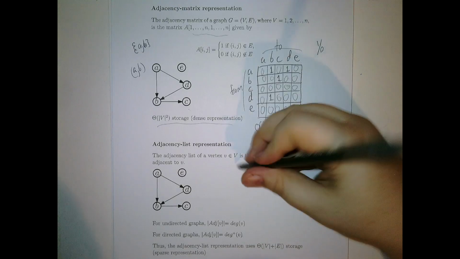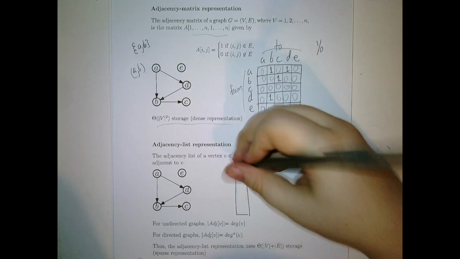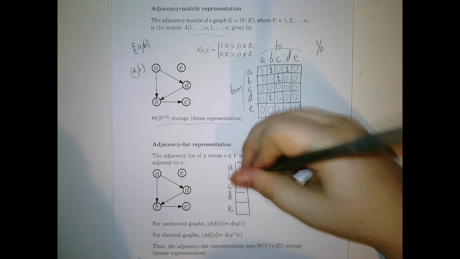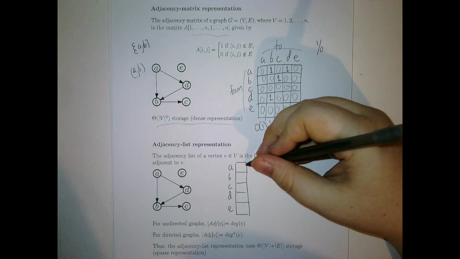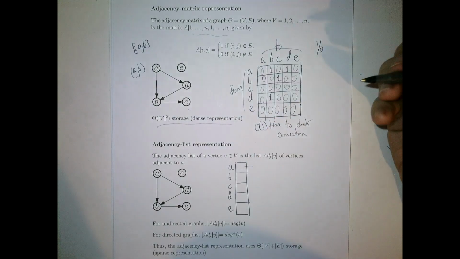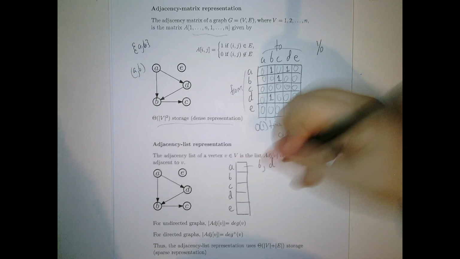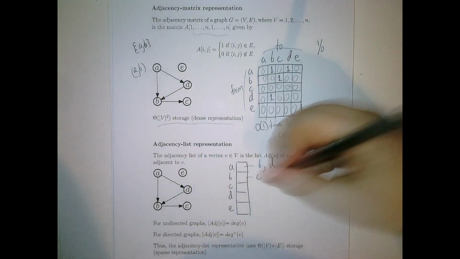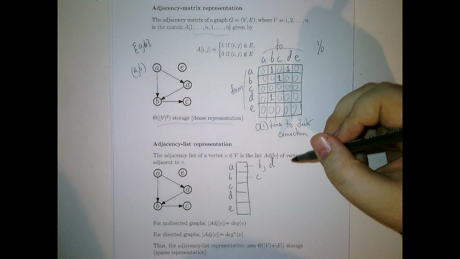Well, as the name implies, it's a list, instead of a matrix, it's a list of connections associated with each vertex. So for each vertex, we're just going to keep a list of things that we can reach from it. So for example, for A, we can reach B and D. So we can have B and we can have D. Let's see, B connects to C. C, for its list, well, we don't have anybody.